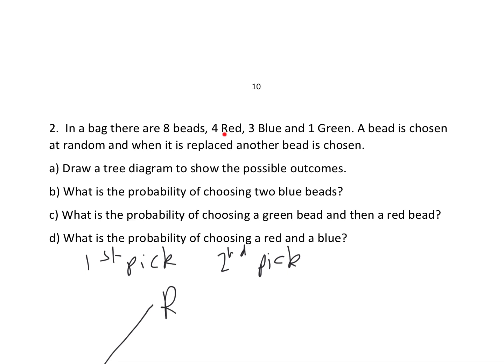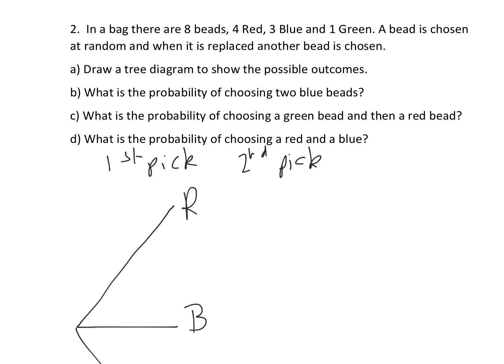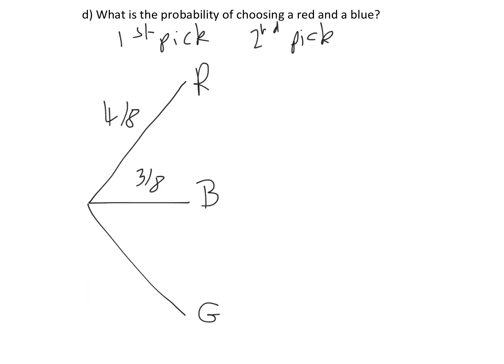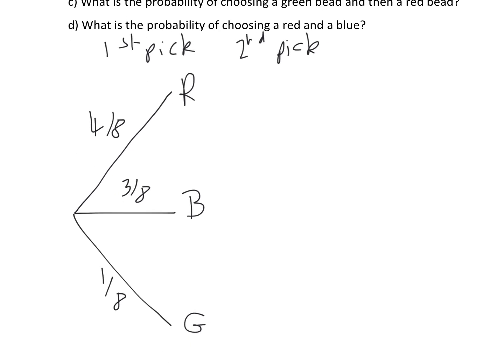On the first go, I'm not going to do any simplifying, I'm just going to keep it as it is. 4, 3 and 1. So 4 out of 8. Last time it was decimals, this time it's fraction, but either way, the probability goes on the branch and it's the outcome that goes at the end of the branch. So 4, 3 and 1.